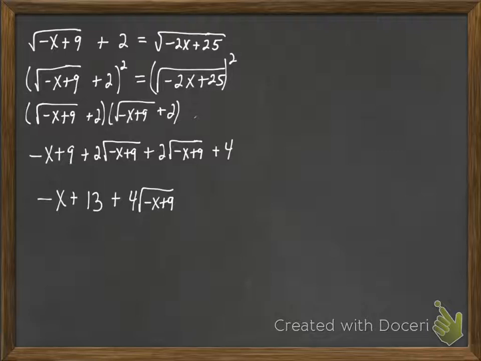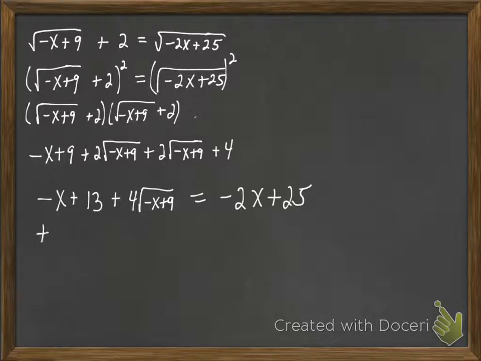And then working on the right-hand side, where we have that square root squared, that'll just become, of course, negative 2x plus 25. And now what we're going to need to do is square both sides again. Before we can do that, we have to get the radical by itself.